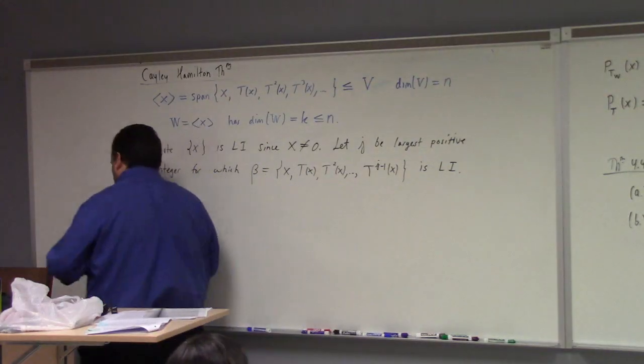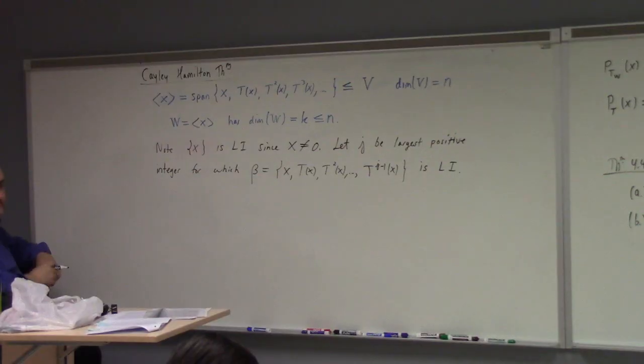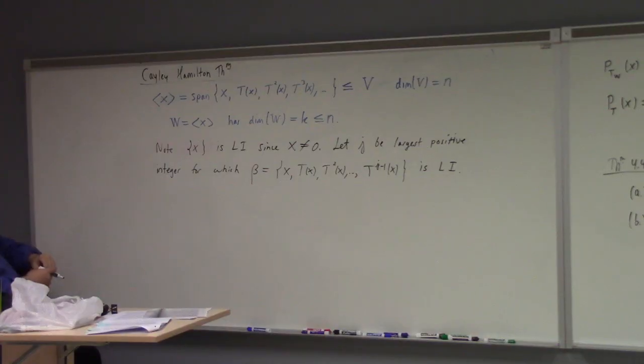Now, you guys tell me, why does such a j have to exist? Because it's a finite dimensional subspace. Exactly, because it's a finite dimensional subspace, and beta is clearly a subset of W, which is finite dimensional, right?